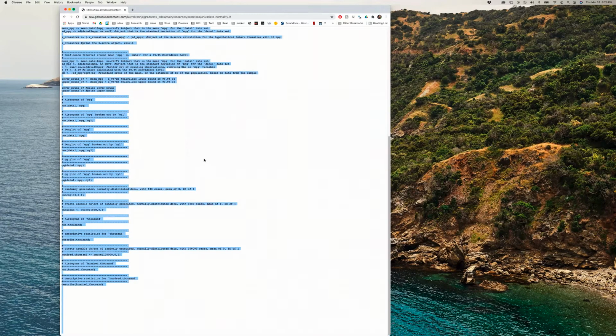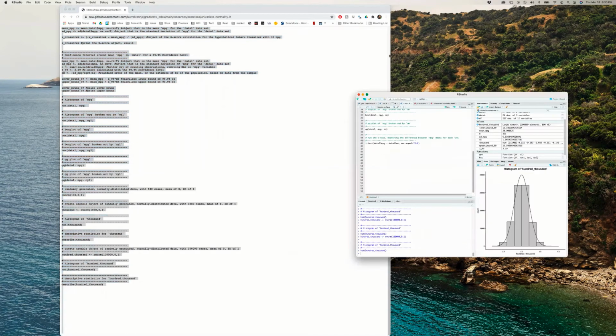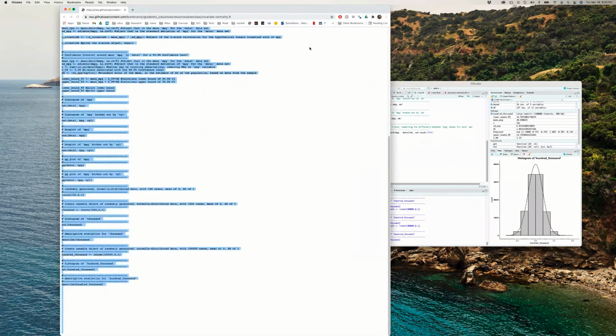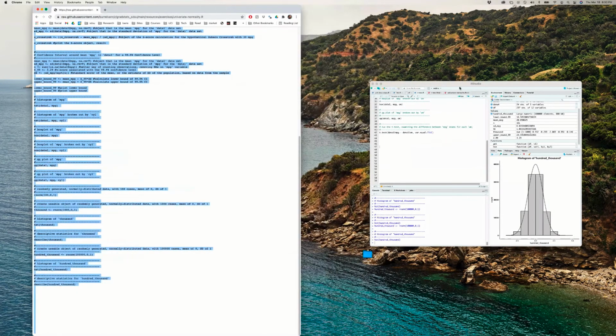Let me pull up this R window. I'm actually going to shrink this a little bit, move this over.